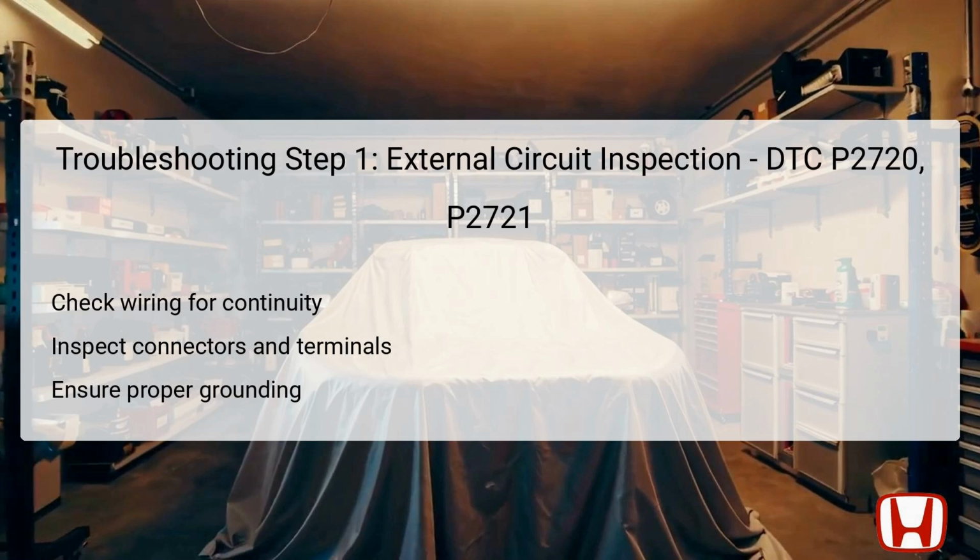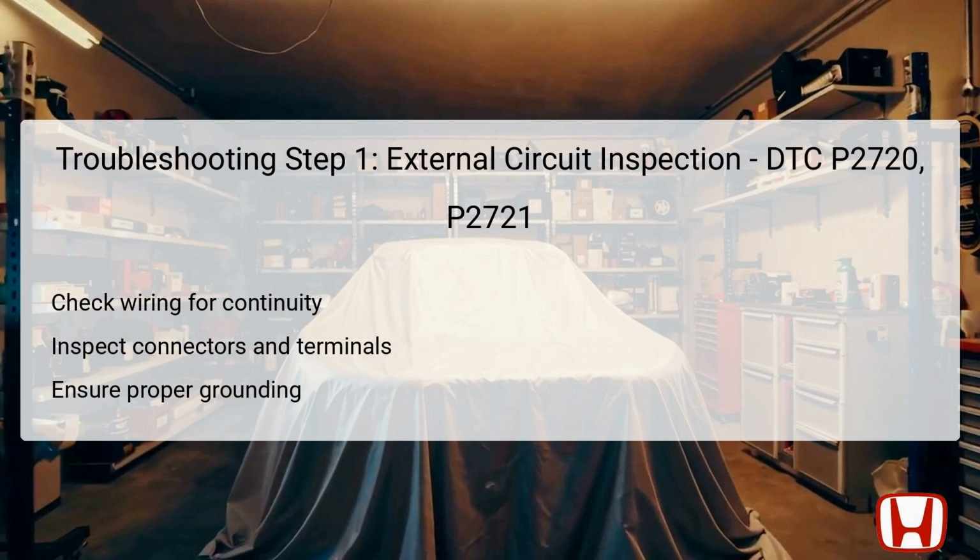It is important to look for any corrosion or debris within the connectors and terminals, as these can severely impede electrical flow and cause unpredictable behavior of the solenoid. You should ensure that the grounding connections are secure, since poor grounding can also lead to erratic electrical behaviors.